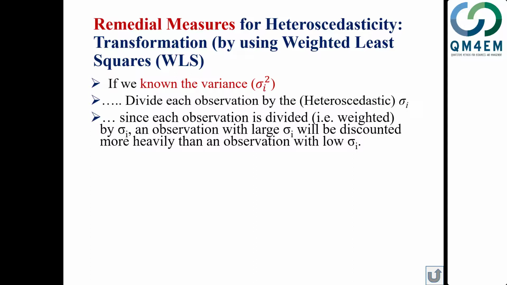Once you do that, you get transformed data, and that transformed data results in homoscedastic observations, because the heteroscedastic data is weighted based on the heteroscedastic variance, and thus it is converted to homoscedastic observations.